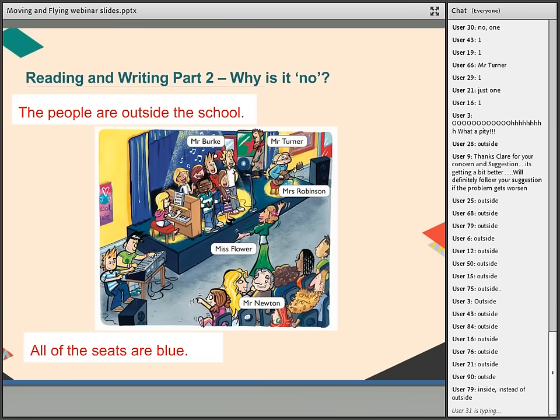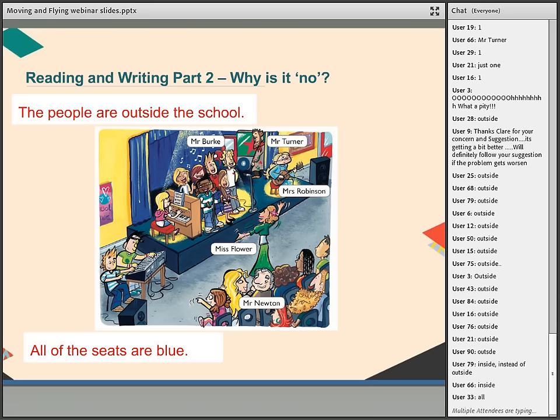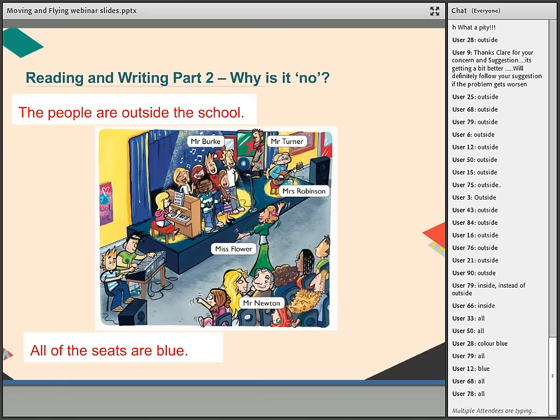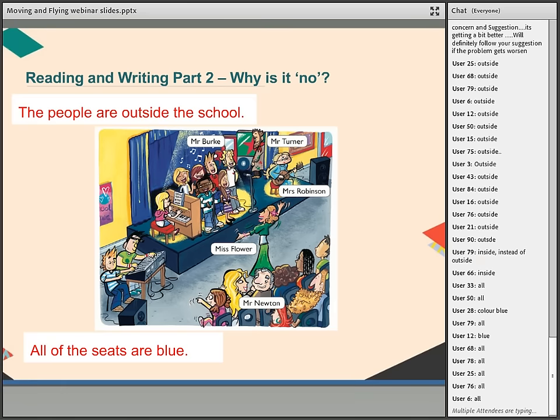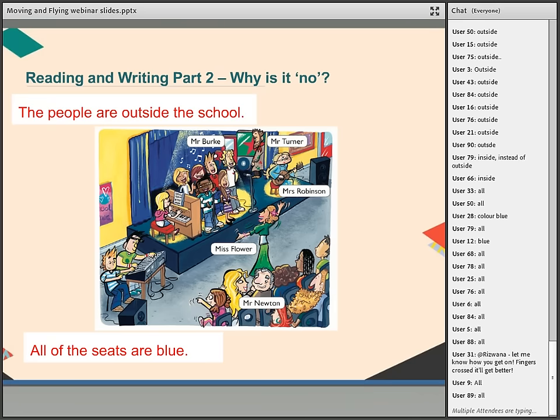What about this sentence? Which word makes it a no sentence? That's right. Okay.